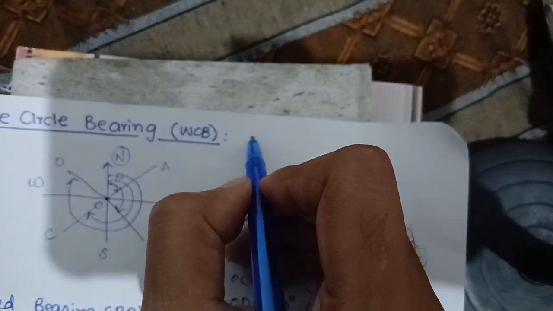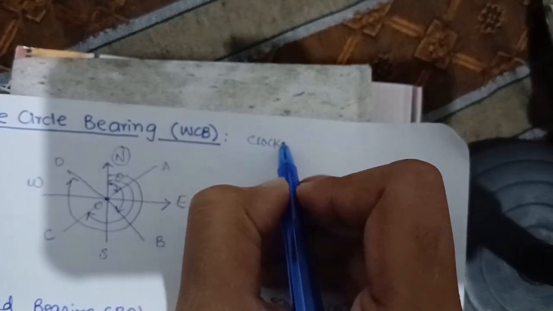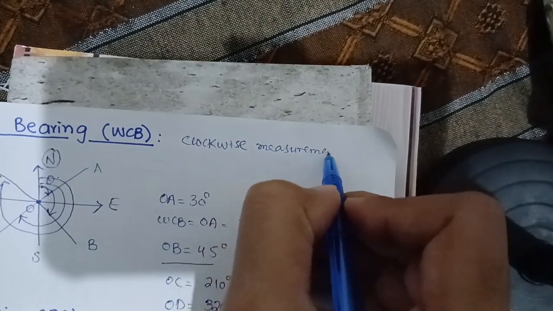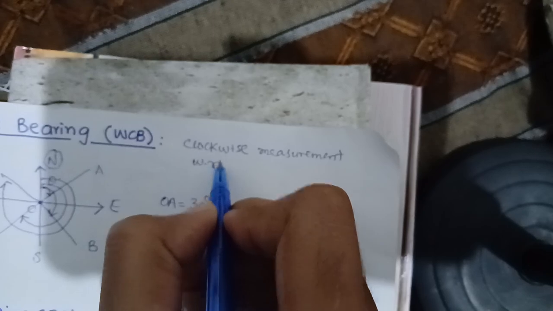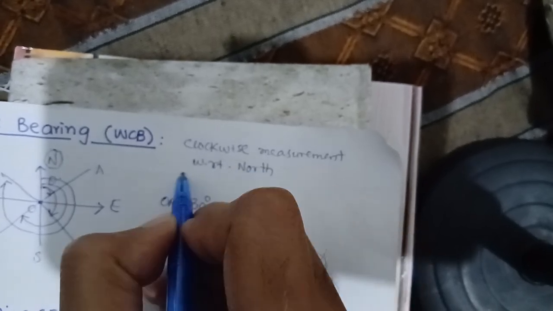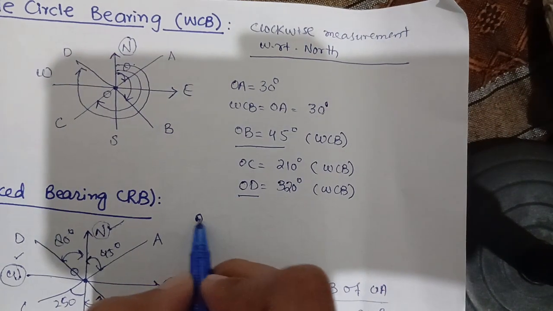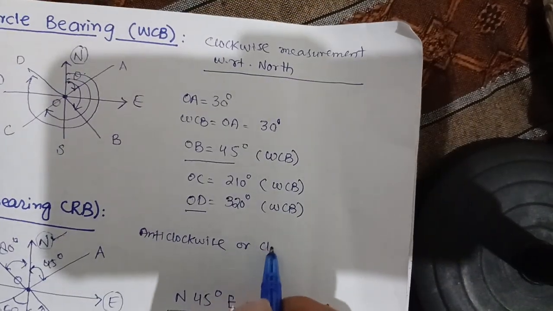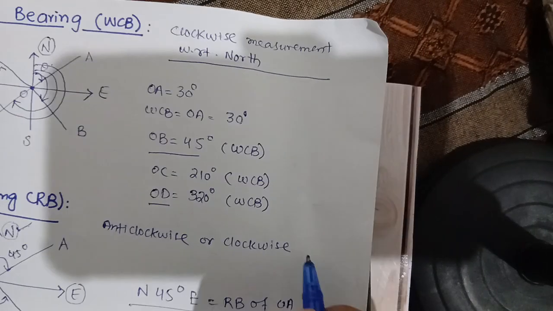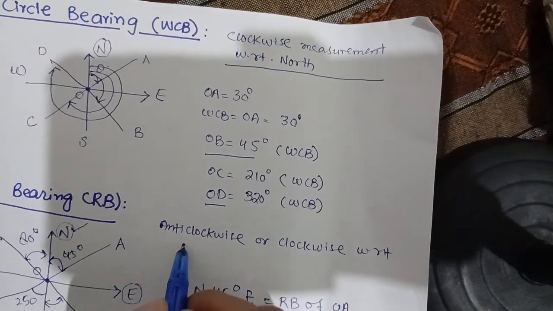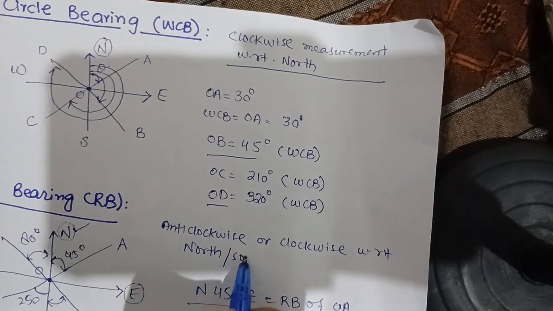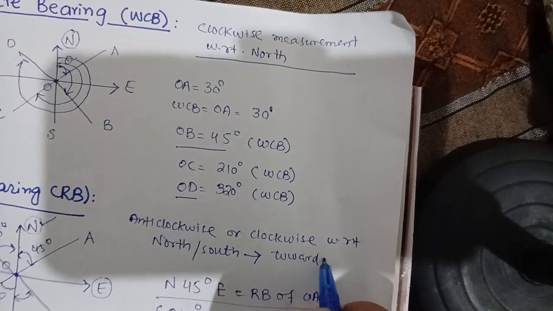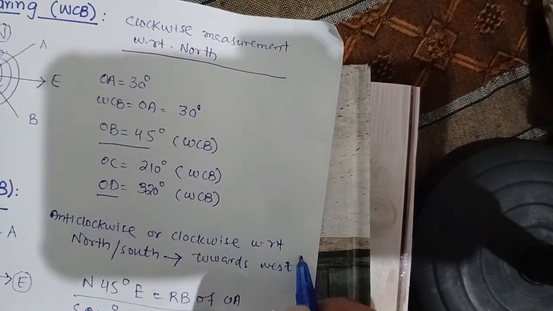If we can write it, this is in the form of clockwise measurement with respect to north, and this one can be anti-clockwise or clockwise with respect to north or south pole, and both will be towards west and east.